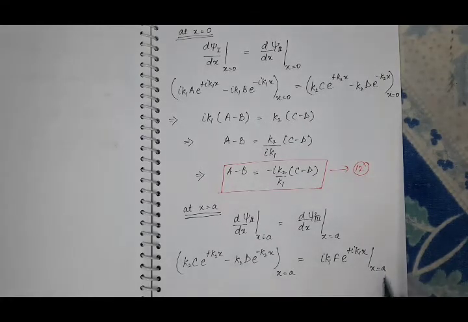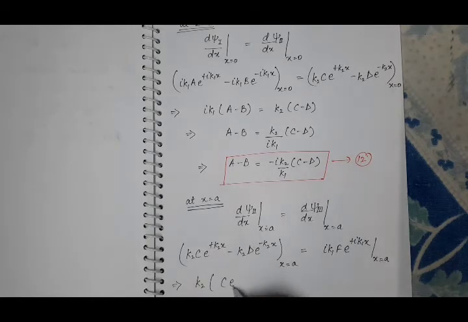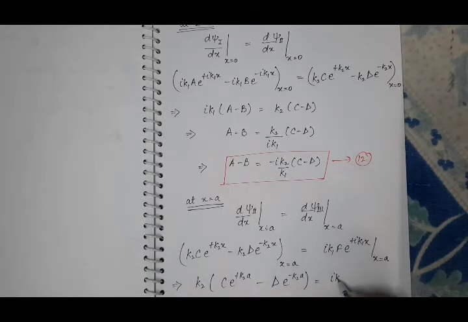Put x is equal to a in the two equations. On the two sides, you will get k2 common. We have c e raised to power plus k2a minus d e raised to power minus k2a is equal to iota k1 f e raised to power plus iota k1a.